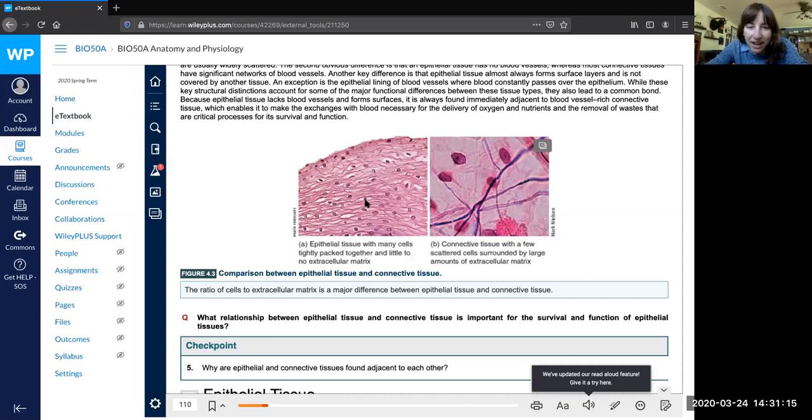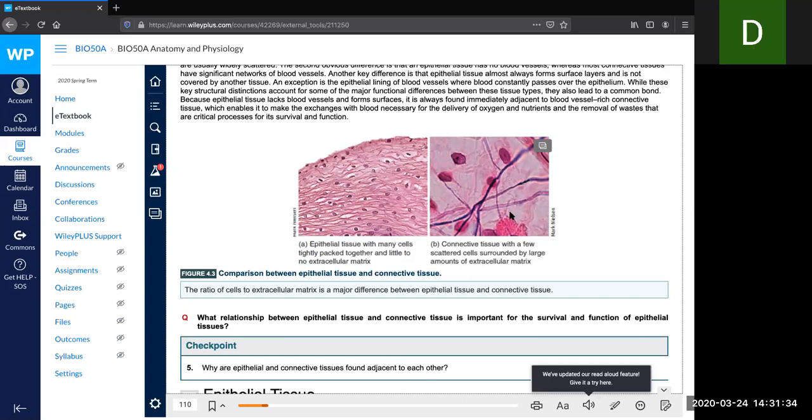They are side by side and touching each other. So this is epithelial tissue, super closely packed together, no extracellular matrix to speak of, no extracellular fluid to speak of, but connective tissue is just cells floating around in an extracellular matrix.